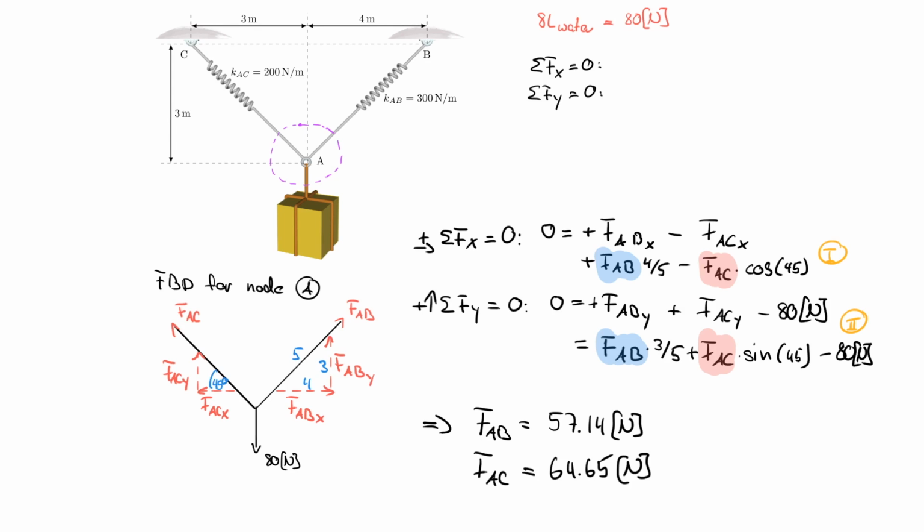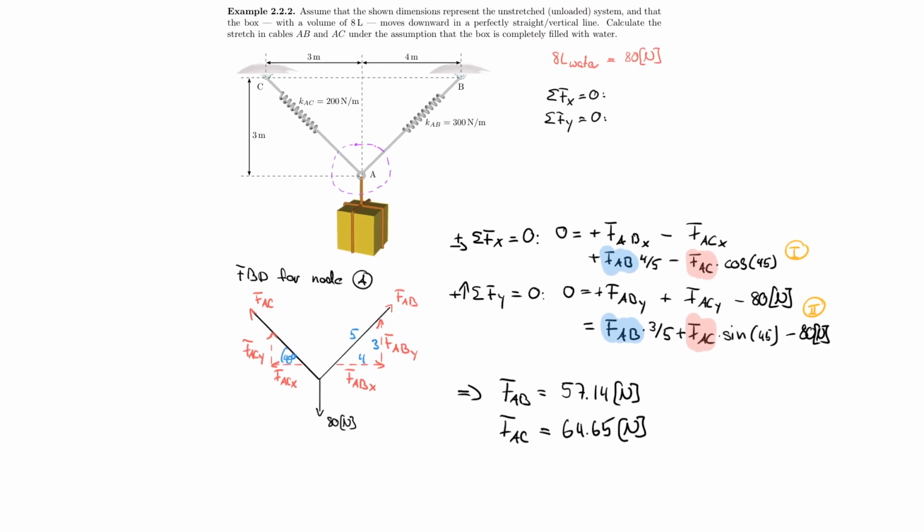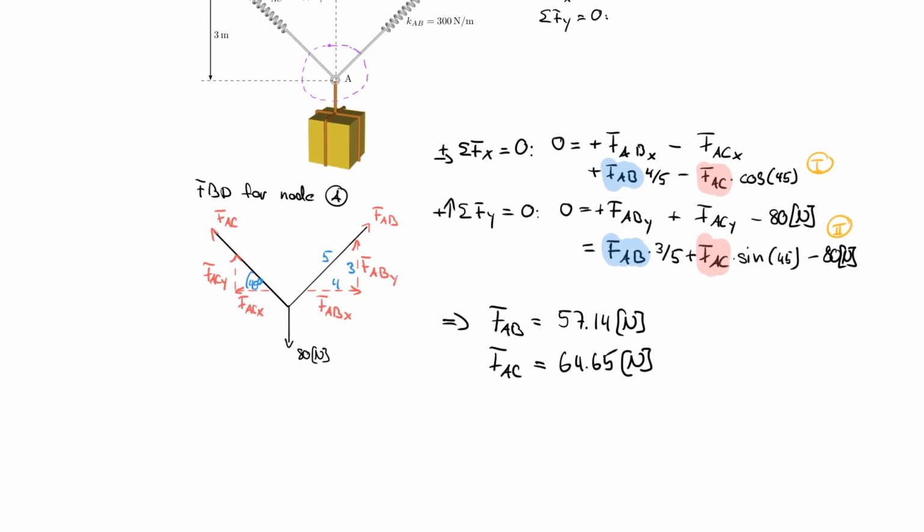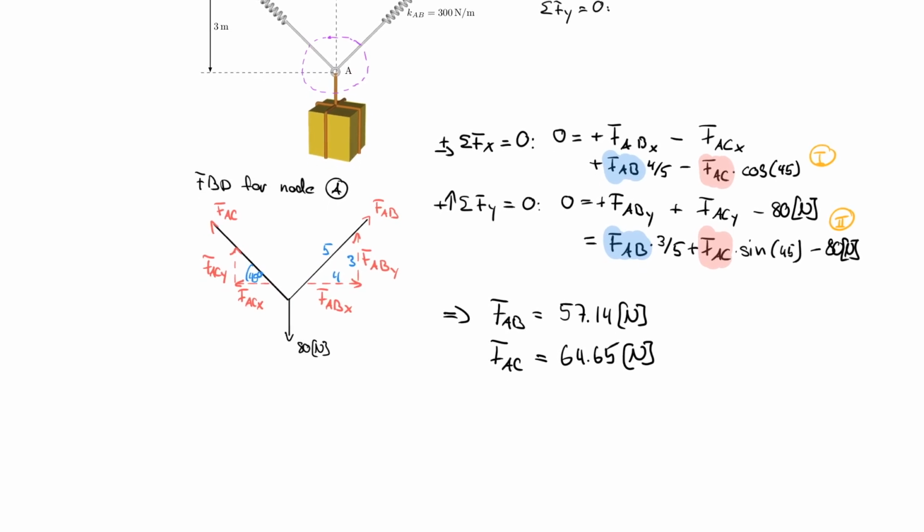Once again, these are not results, although it seems that way. What we're really asked for here is the spring stretch. So let's calculate the stretch in the springs, starting with FAB, the force that sits in the spring AB.